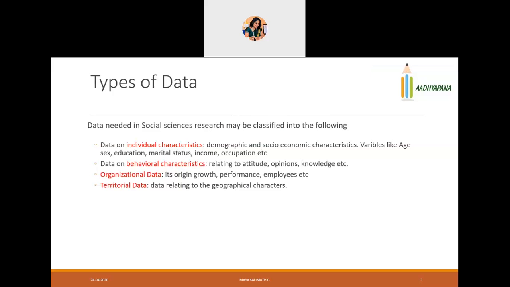For example, it is always said that the geographical areas on the hillside are usually cold. This is the data which has been proven. Such data is an example of territorial data.